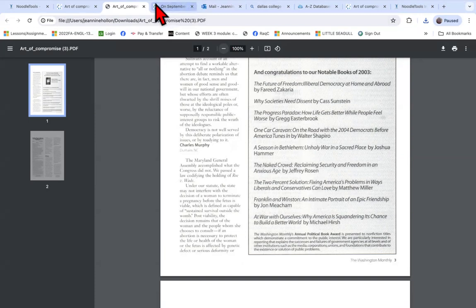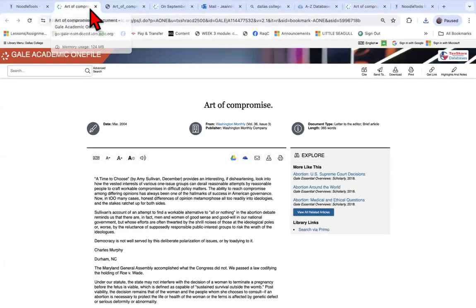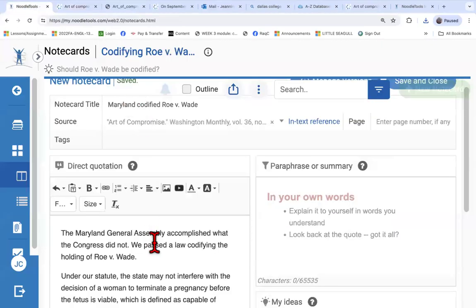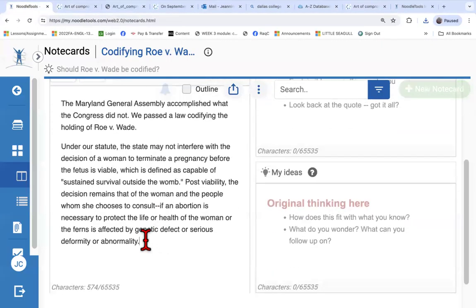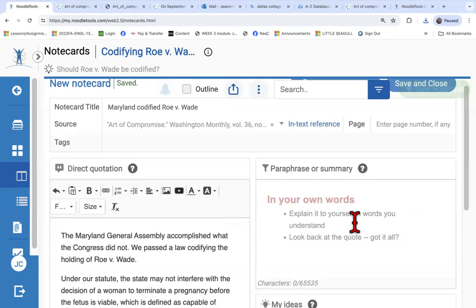Okay, so we're going to go back to page 3. And I'm going to put space, parenthesis, 3. Now, the reason you want to do this right now is because you want to not have to go back over all this when you're writing your final paper, your rough draft.